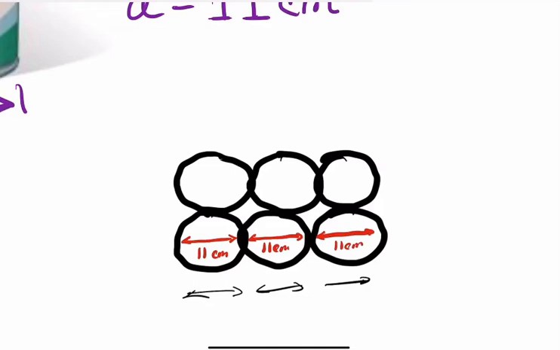Sometimes when you draw something out, just problem solving strategies 101, now we can see how this picture is all coming together. We have 11, 11, 11, which makes the length of that box at least 33 centimeters.